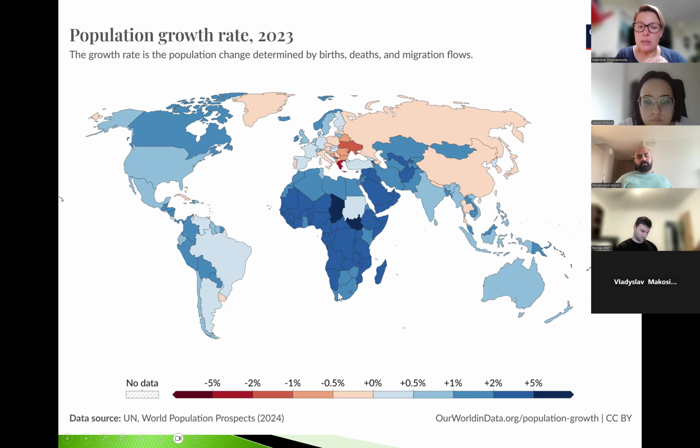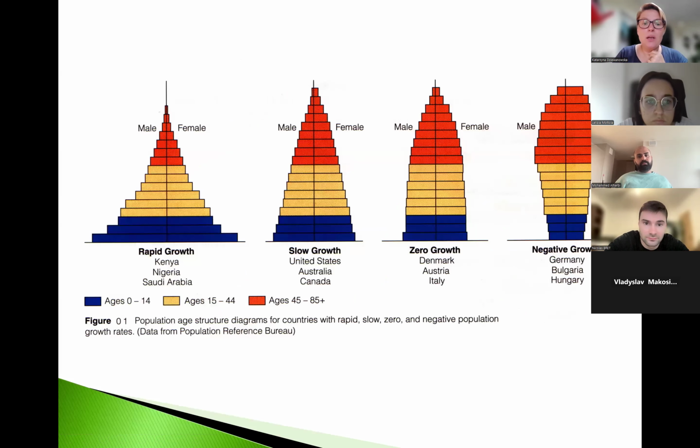But the countries which are developing and growing the most quickly are African countries and also the Middle East and India, right? So you can also see that the market will be changing going forward, becoming bigger and bigger, and that is determined by birth, death, and also migration, right? So that's also the thing that plays a role here.